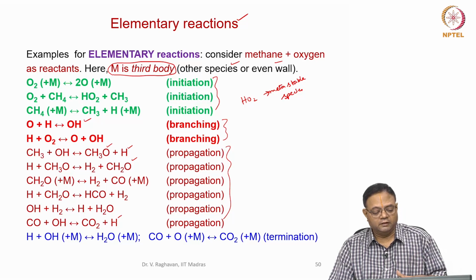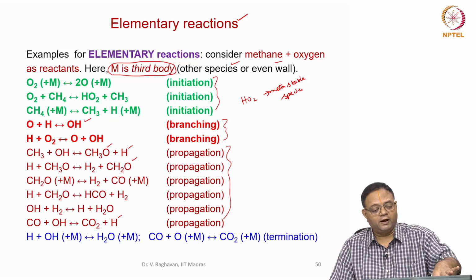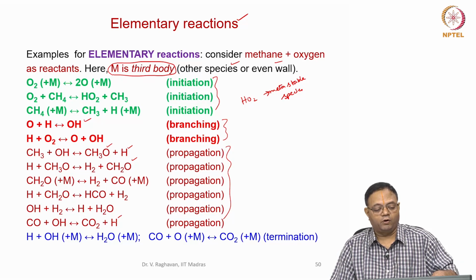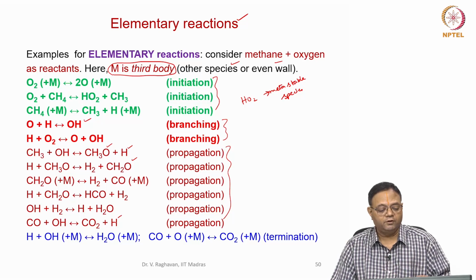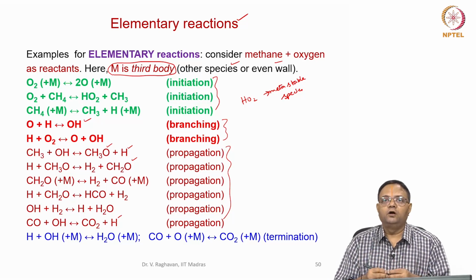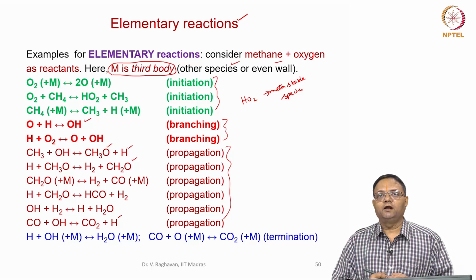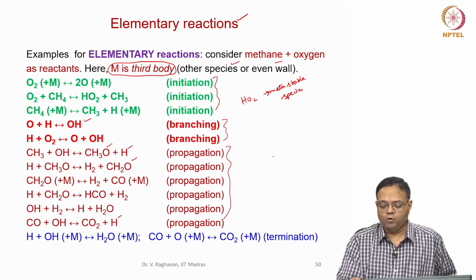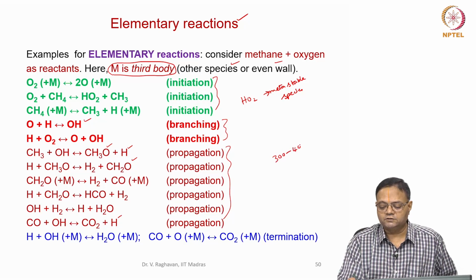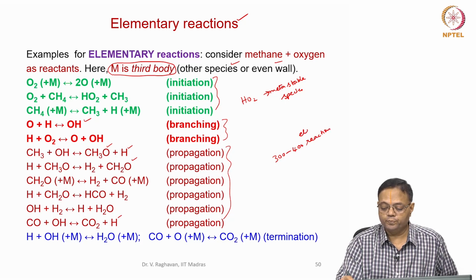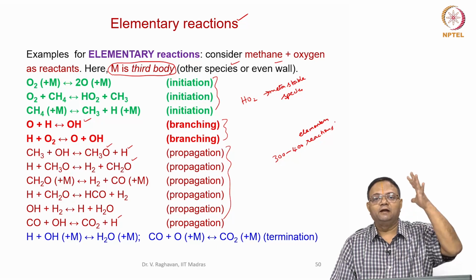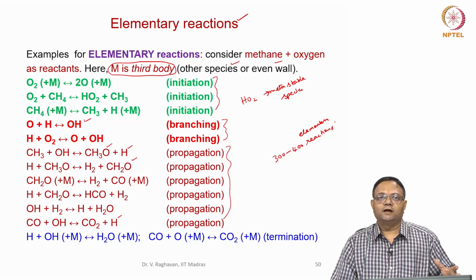So you will see that the equations we have written are molecular equations, and there are several of these equations. We can say that for methane we can define around 300 to 400 elementary reactions like this to completely define the overall reaction mechanism.